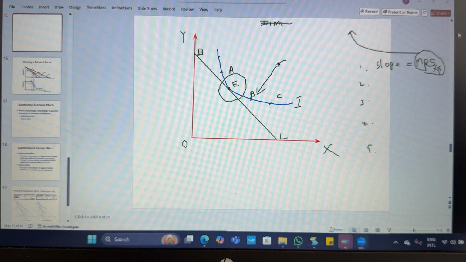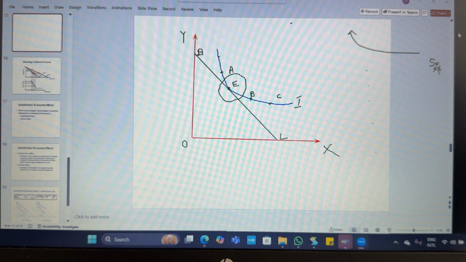So, we discuss the two conditions that should be satisfied at the utility maximizing or equilibrium point. What are those two?